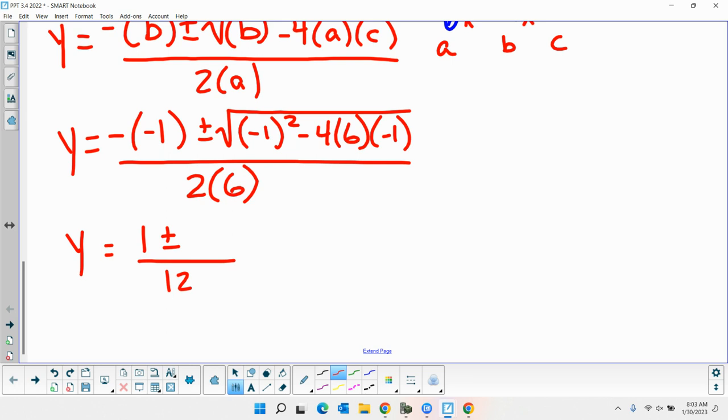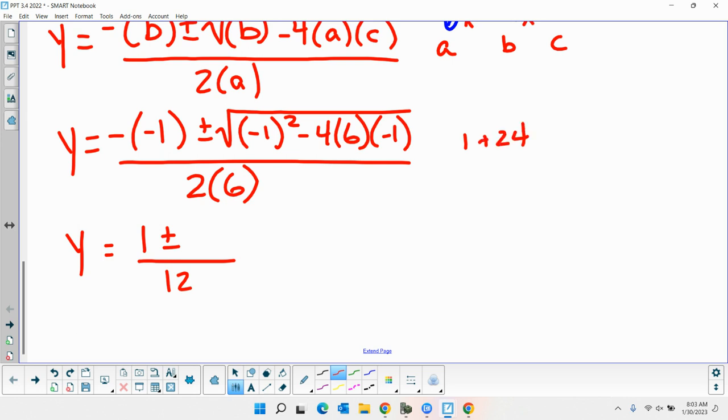And 2 times 6 is 12. And then I do this b squared minus 4ac part. Negative 1 squared is, I'll just put it out to the side here, positive 1. Negative 4 times 6 is negative 24. Negative 24 times negative 1 is positive 24.